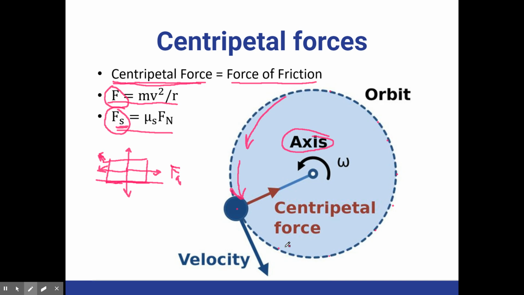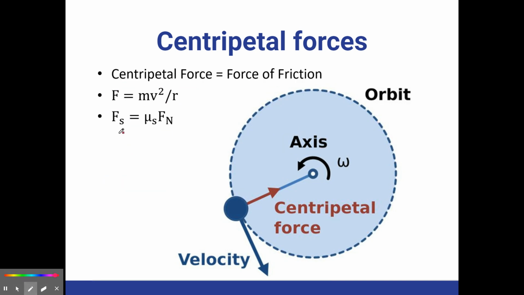And because the friction force does not get to maintain surface contact between the floor and itself, we have no use of kinetic friction. We can only use static friction. So we're going to use the static friction coefficient, multiplied with the normal force.